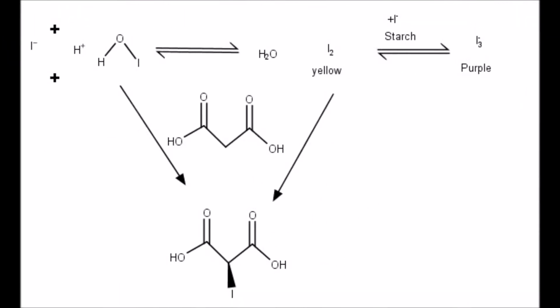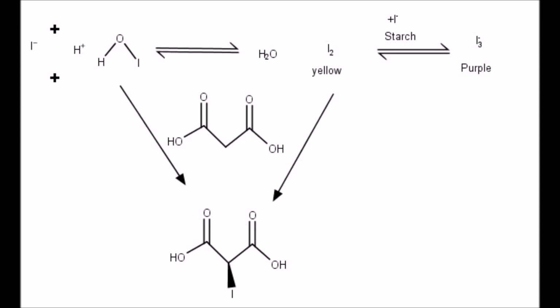Finally, this hydroxyiodide can react with regular iodide ions to form our iodine, which is our first real color change. And as this is formed, it can further react with more iodide to form our I3 complex.